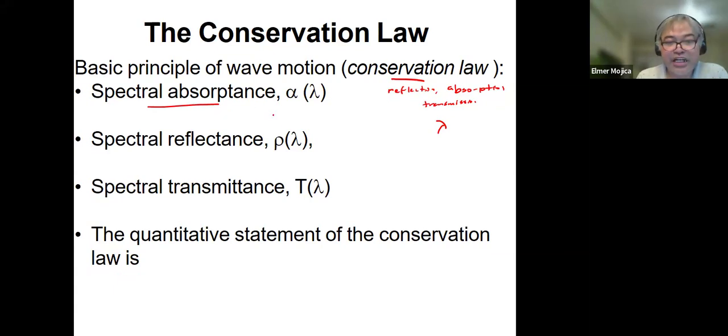So this is the fraction of the incident energy lost by absorption at the interface or surface. Now, the fraction reflected, so we could say this is the one that is absorbed.